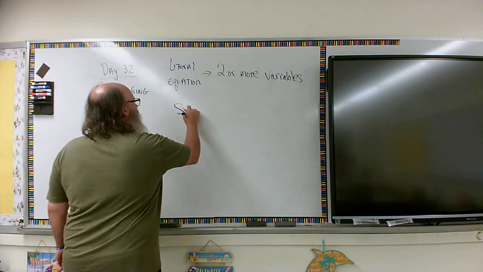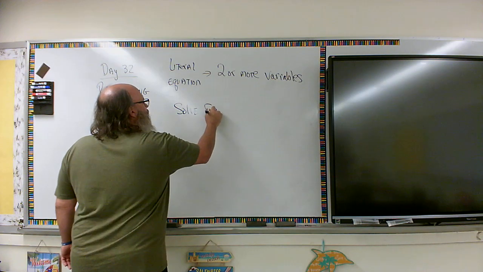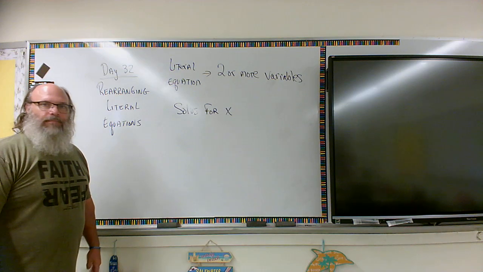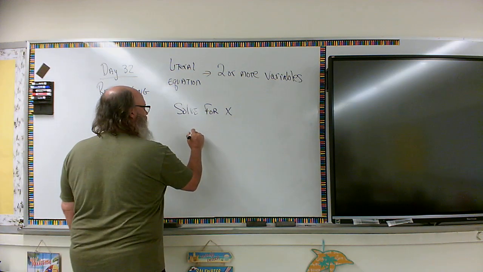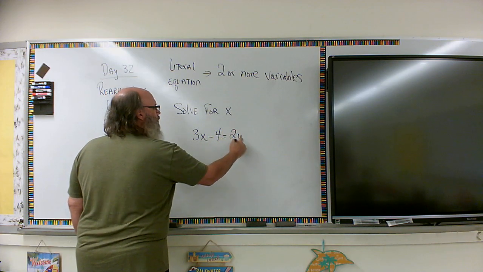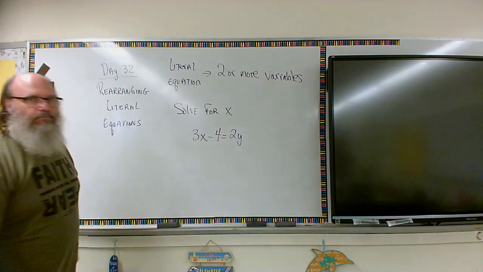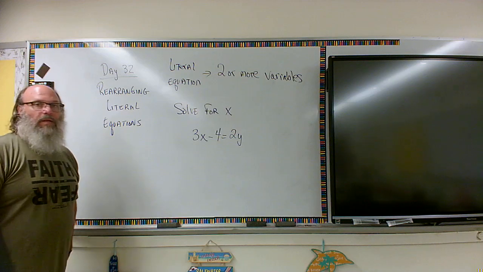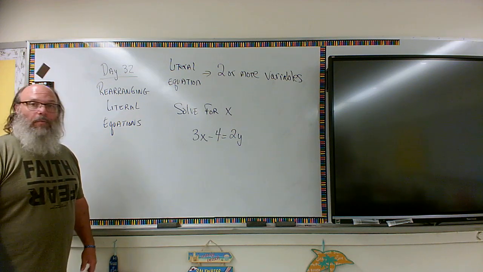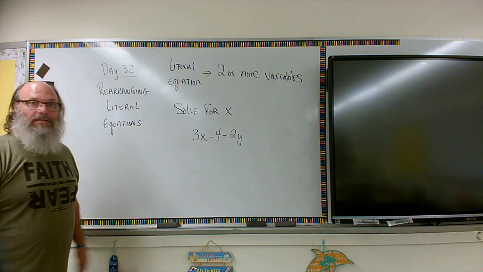So let's look at an easy one. Solve for x. Let's say we have this equation. I want to solve for x. So I want to get everything away from the x.